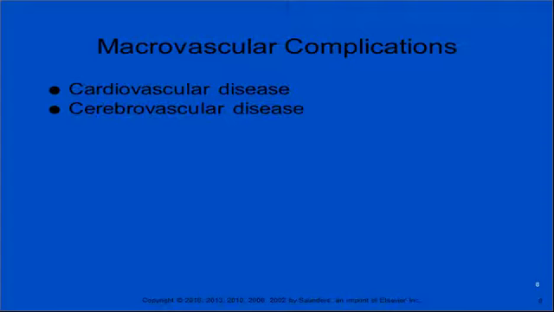Patients who have diabetes are at increased risk for cardiovascular disease. Women are more affected than men, and cigarette smoking, of course, is an increased risk factor, and also a positive family history for cerebral vascular disease. Again, kidney disease is indicated by albuminuria.